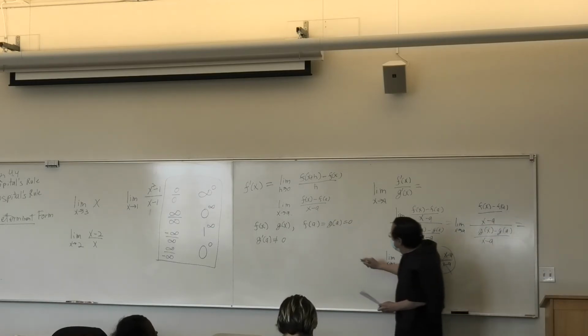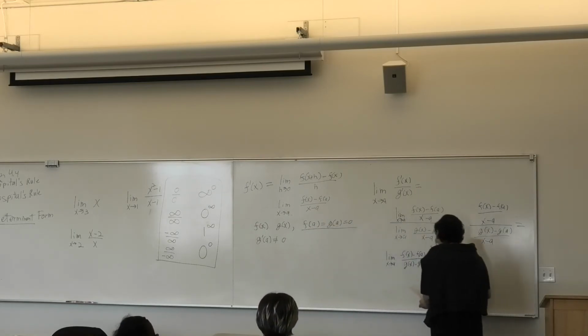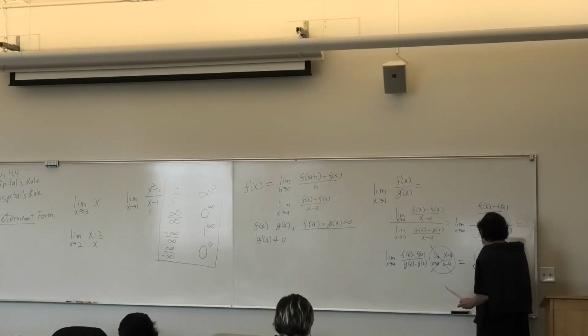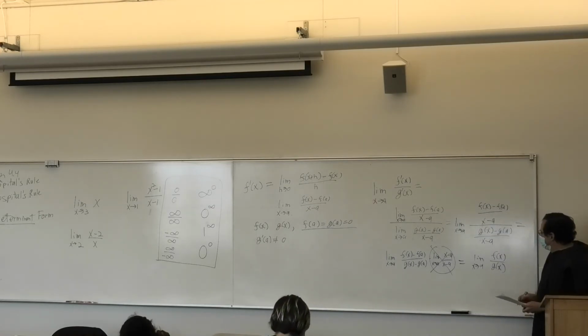All right, let's go back. Our assumption was that f of a and g of a were 0. So what do we have here? We have the limit as x approaches a of f of x over g of x. Now, this is not what we wanted to end up with.